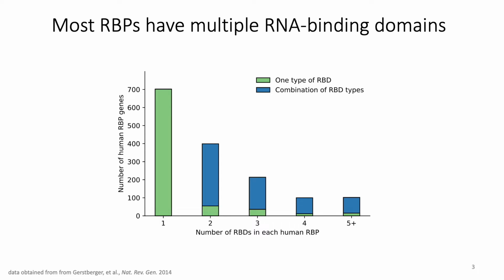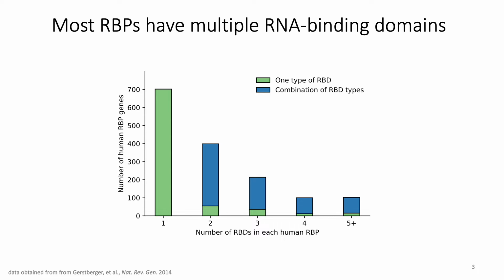So the reason we were interested in multivalent binding modes was the observation that more than half of the human RNA binding proteins do have more than one RNA binding domain, and that is often of different types of RNA binding domains. And this is also pointed out before by other groups that this results in the identification of multiple sequences by these RNA binding proteins.